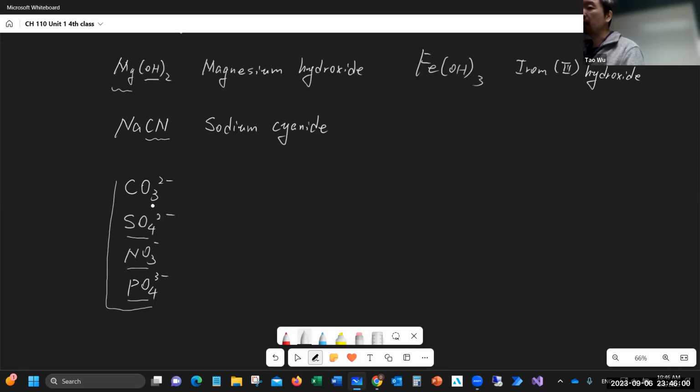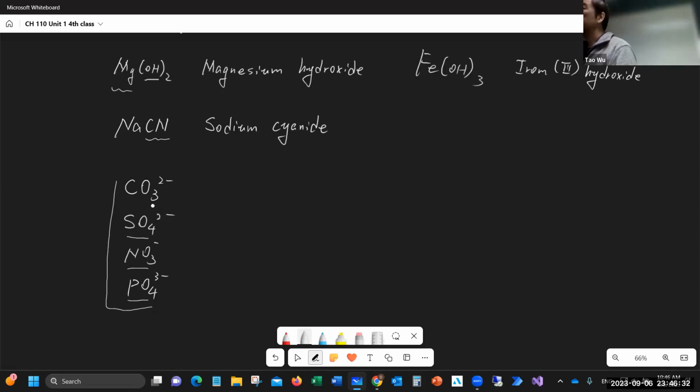Those ions are very common in our daily life. Sodium carbonate is baking soda, very commonly used. Sheetrock is made of calcium sulfate. There is a lot of preserved food that has nitrite, which comes from nitrate.